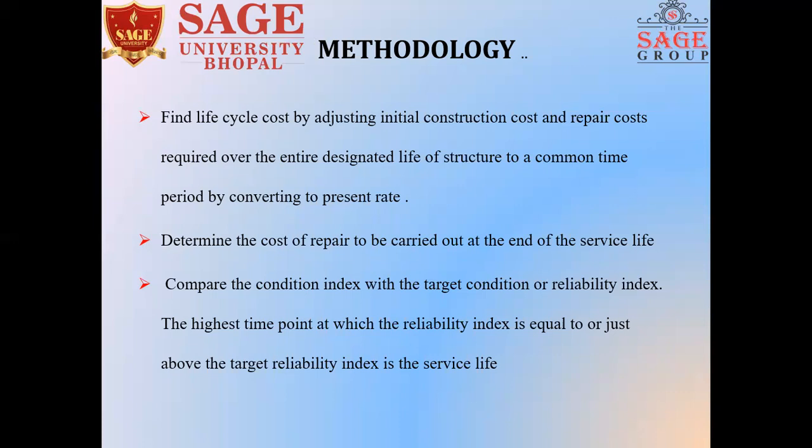Determine the cost of repair to be carried out at the end of the service life. Compare the condition index with the target condition or reliability index. The highest time point at which the reliability index is equal to or just above the target reliability index is known as the service life of any structure.